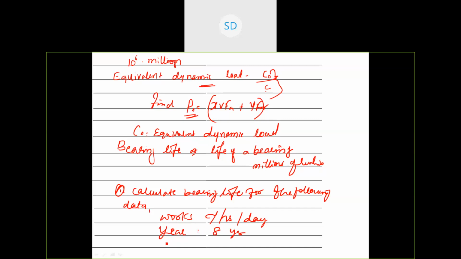The speed is 800 RPM. Now you need to find out the bearing life here. I'll just write it here.